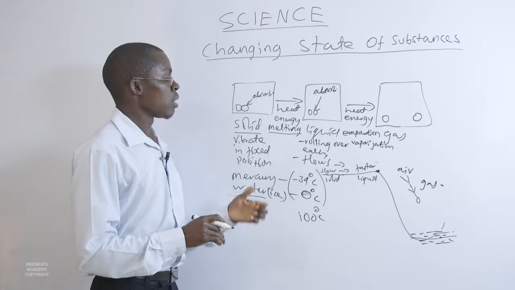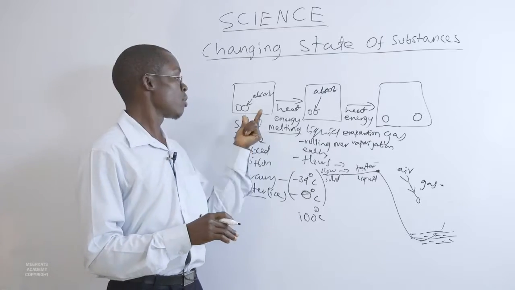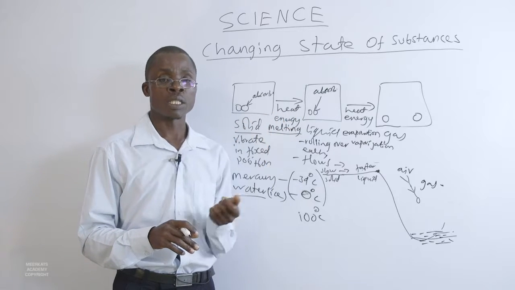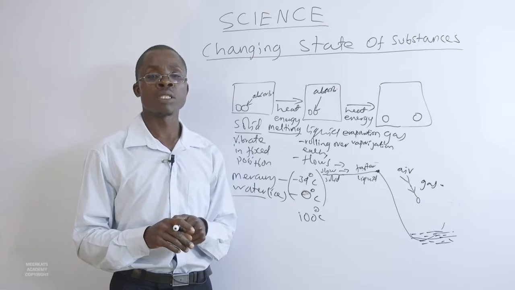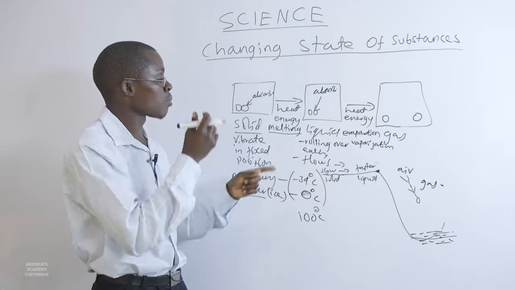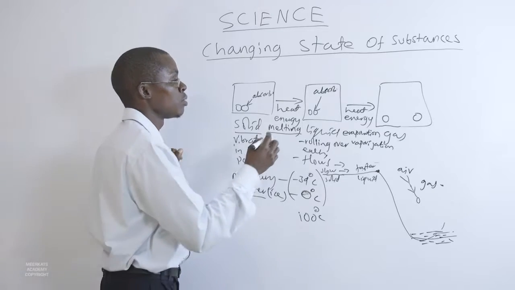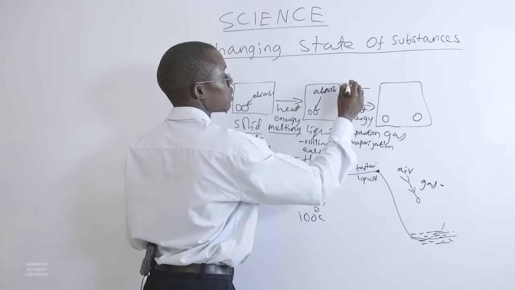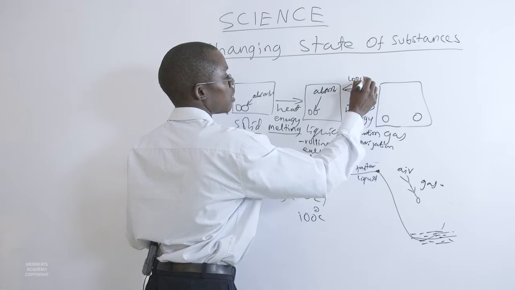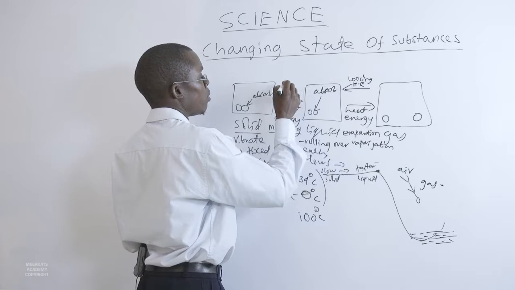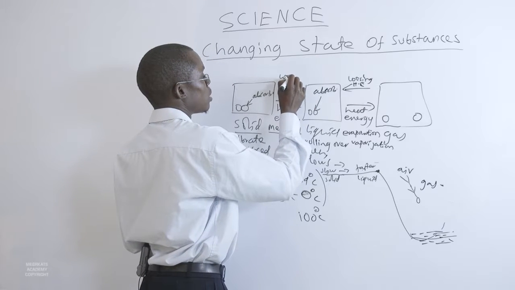Now that is one way, changing from solid to liquid and liquid to gas. How about the reverse process? Because we also have that process of losing energy and not gaining energy. So when you're losing heat energy, we also have the same.